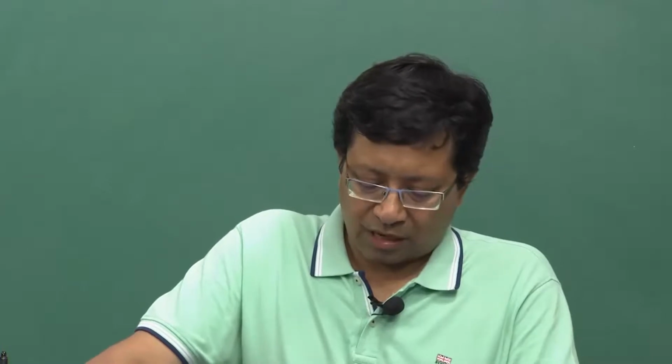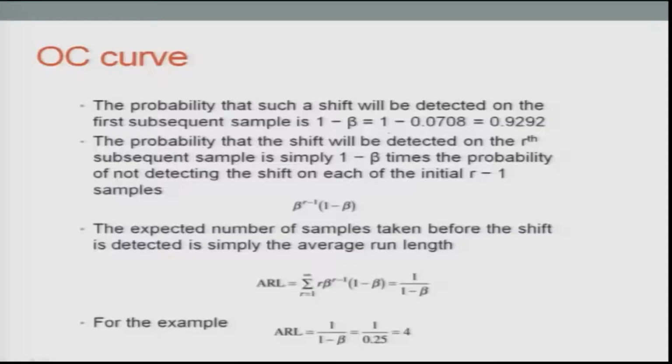So, the expected number of samples taken before the shift is detected is found by simply taking the average run length. In each case I have the probabilities as beta to the power r minus 1 into 1 minus beta, and r would be the number of the stage at which we are detecting. So, if it is beta only, it will be beta into 1, because in the first stage you have not been able to detect.